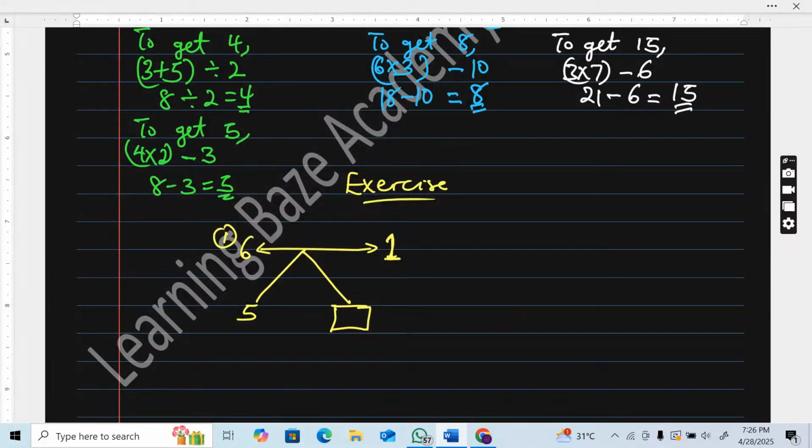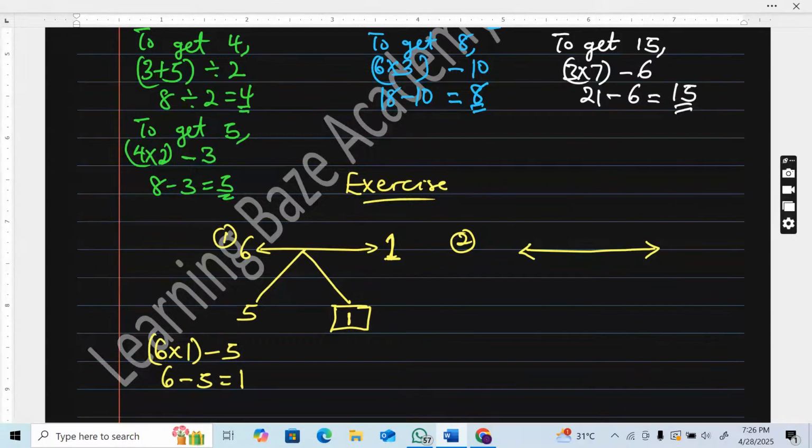So how do we get the number below on the right side? Multiply the number that is above, 6 times 1, then we subtract 5 that is on the left side. 6 times 1 is 6, minus 5, we have 1. So the answer that will be in the rectangle is 1. You can see how simple quantitative reasoning is.